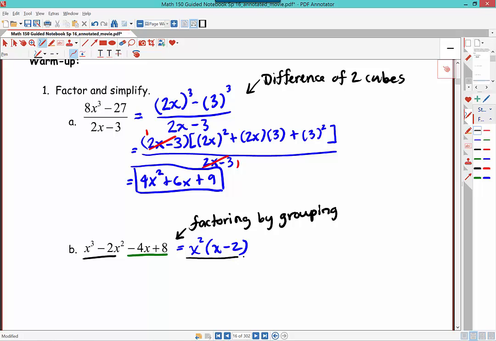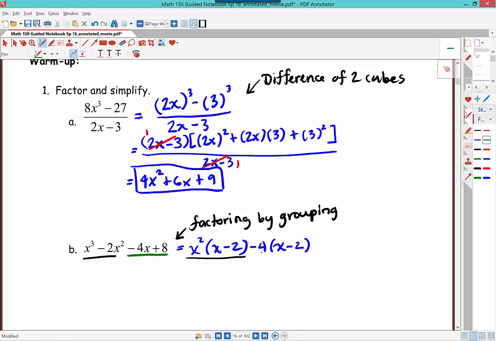All right, so now what do I need to add or subtract to factor the green group so that I'll get an x minus 2 factored out? Good. If I do a minus 4, then I'll be left with x minus 2. Perfect.